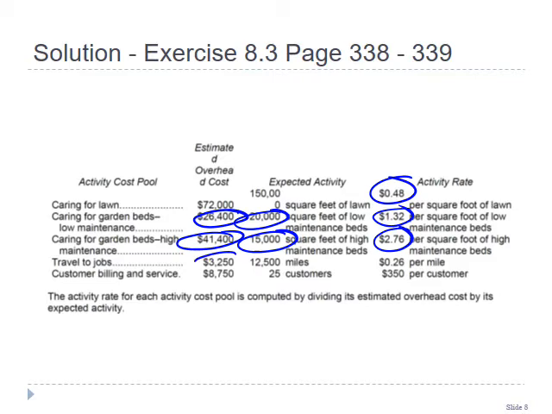Travel to jobs 3,250 divided by 12,500 miles, answer is 0.26 per mile. Customer billing and services 8,750 divided by 25 customers, answer is $350 per customer. Right, so this is simply how we calculate the activity rate. So let's move towards our learning objective 4.